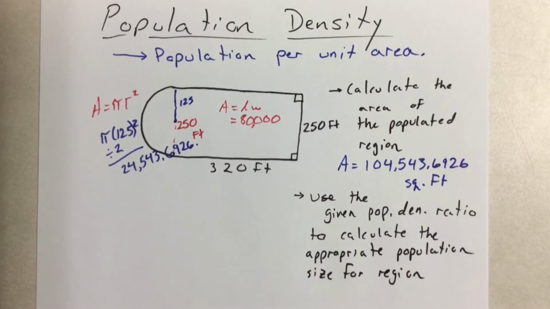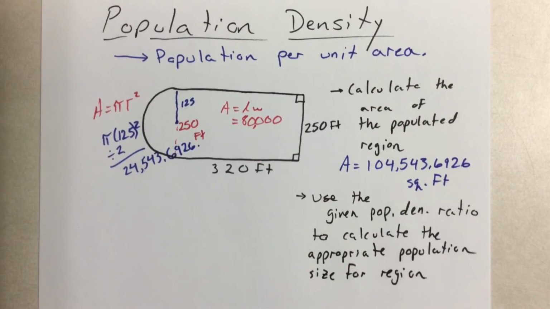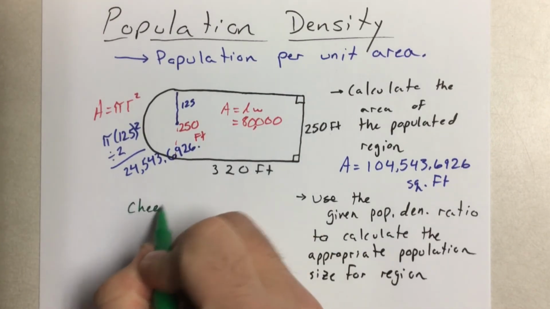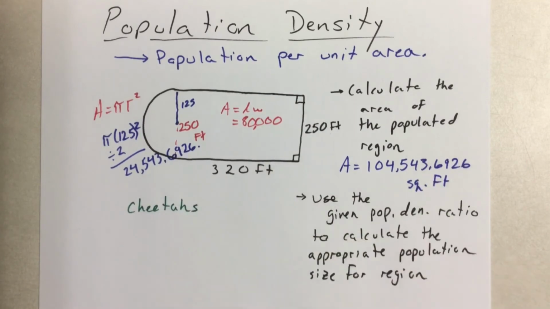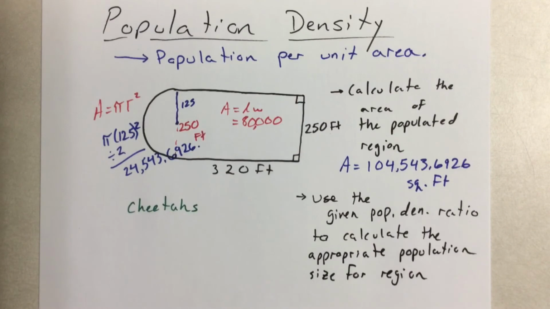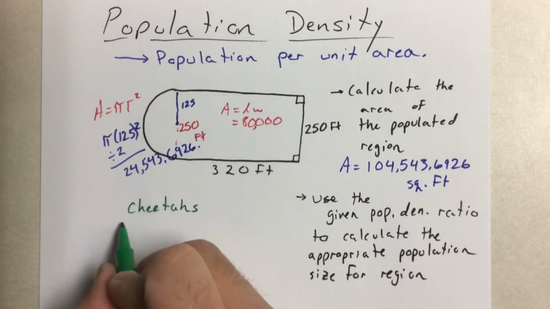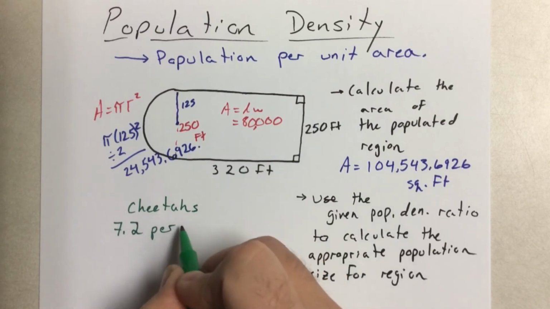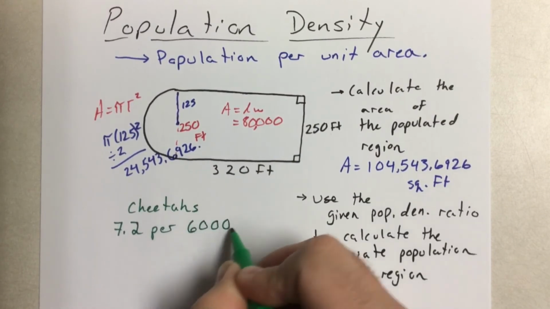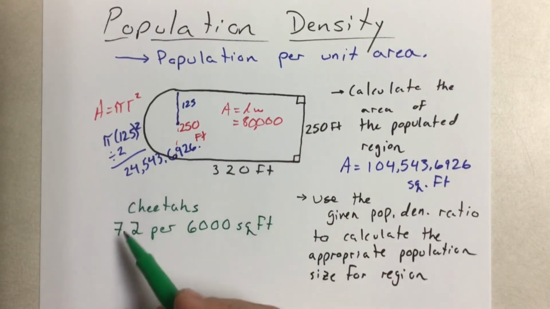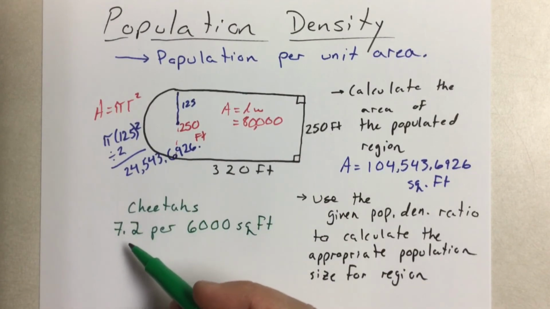So let's imagine with this region that we are focusing on a population of cheetahs, okay? This population density ratio is going to be given to you. So the population density for cheetahs, let's assume it's 7.2 per 6,000 square feet. So for every 6,000 square feet, there exist 7.2 cheetahs.